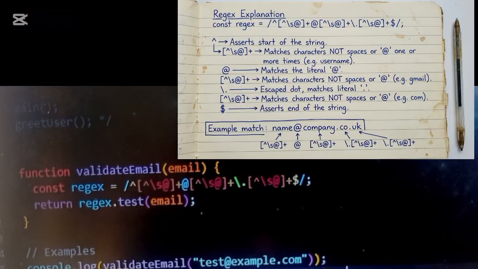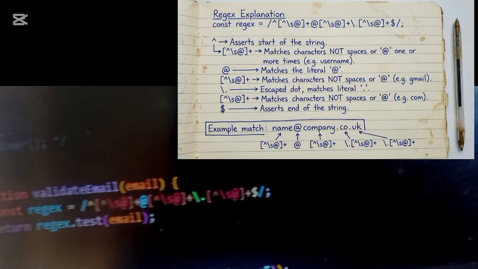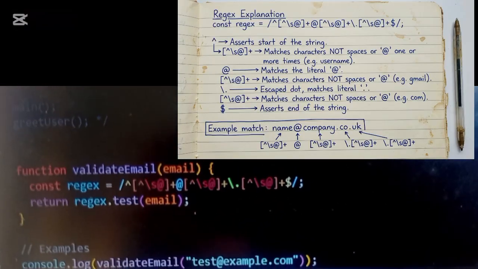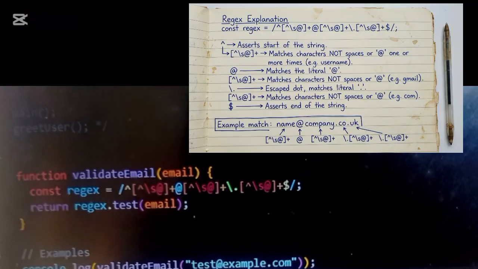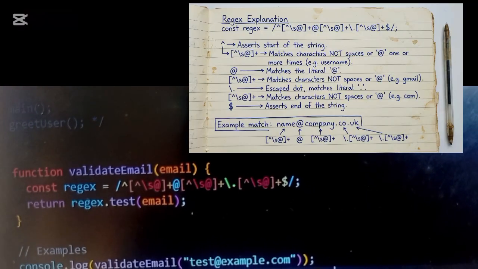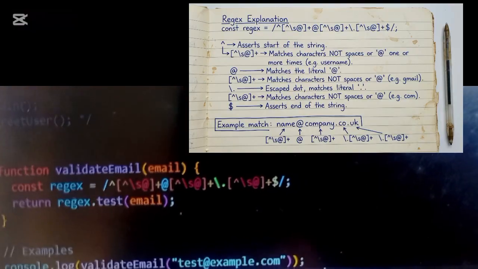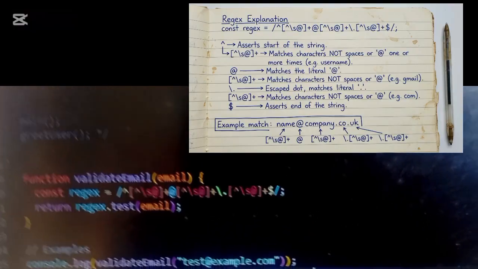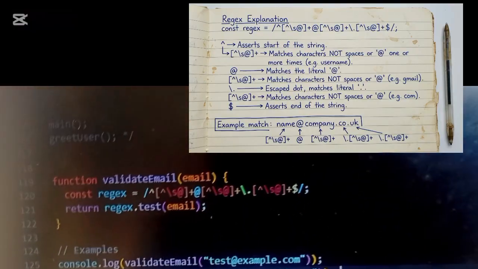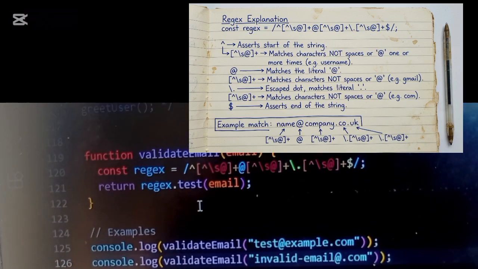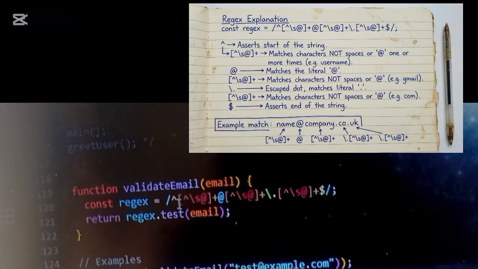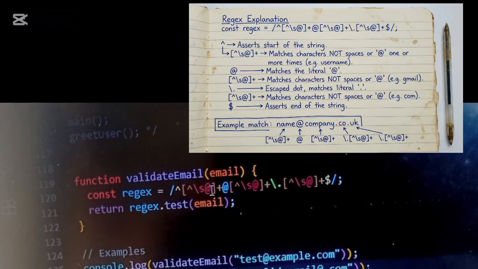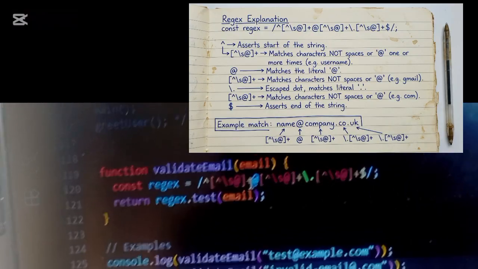First of all, the arrowhead there means it should start with a text. Then the first grouping there means no spacing. It's only going to match an alphabet or text, no spacing.